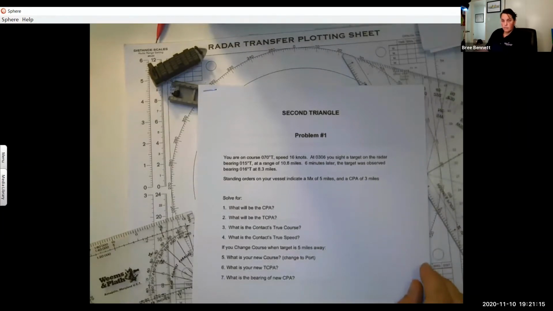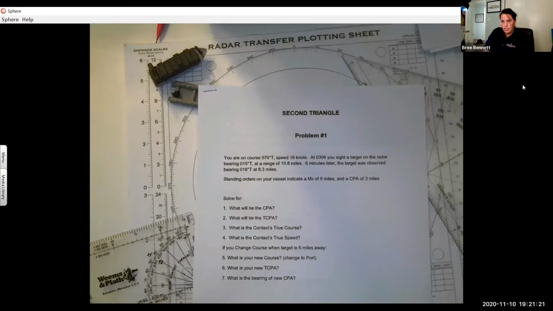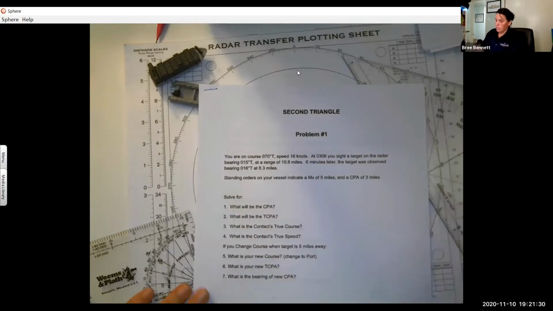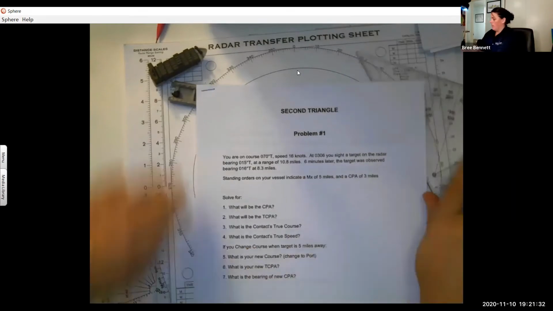I'm kind of thinking, do we want to start with the first triangle one? How far did you get on that? Did you finish all of them? Let's just start with this one. That's what I have on the homework to do.